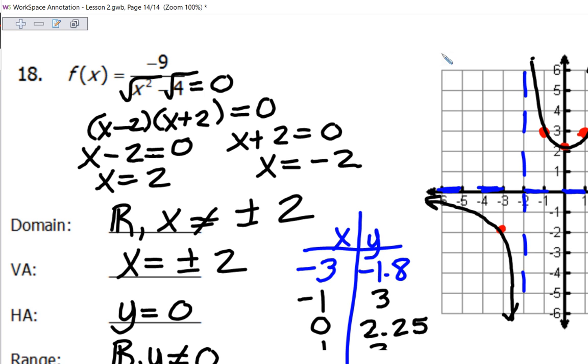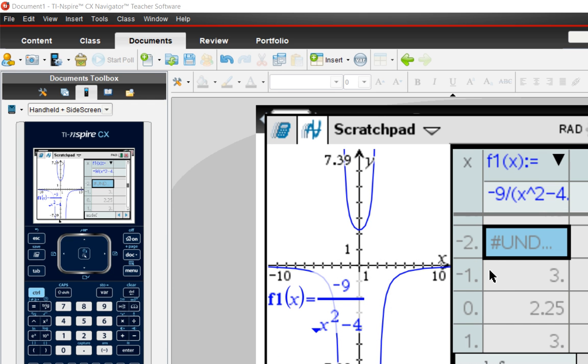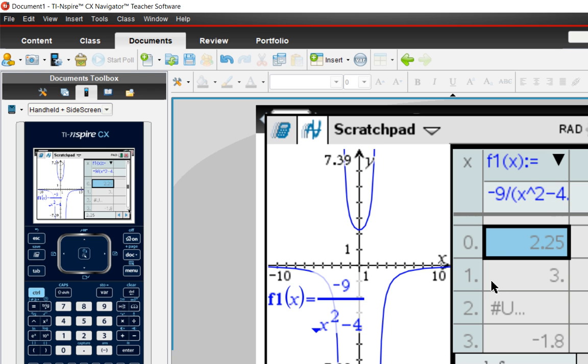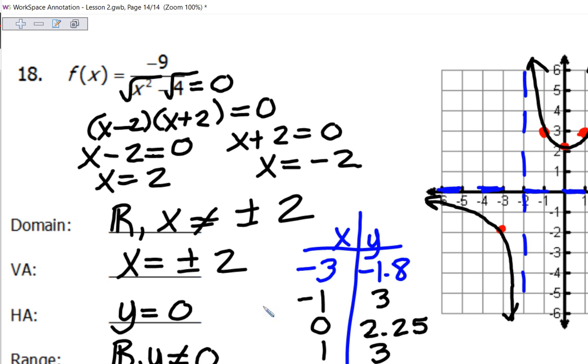Now we need one more point so that we can do that final curve. So this point should be at 3, negative 1.8. So 3, negative 1.8 is right here. And draw a curve to that point.